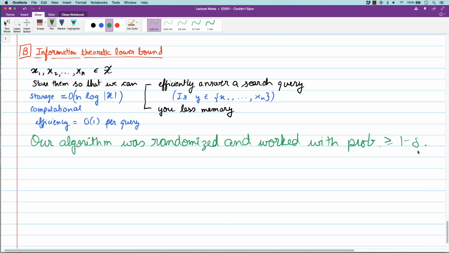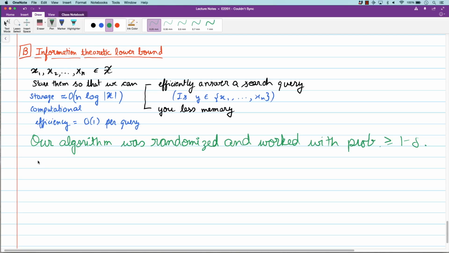The delta we chose is 1 by 1000. In fact, we had bounded the expected length, but you can use Markov inequality to also bound the worst case length of storage. So with some probability, your storage will not be more than something. So we get this n thing and efficiency 1.